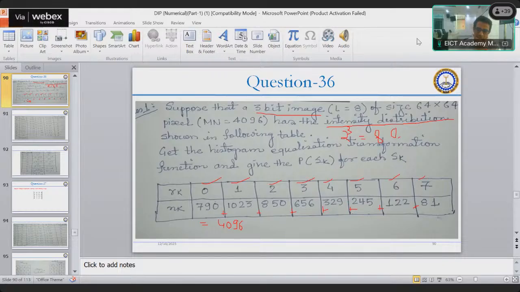That's why I want those people who have not answered to come up, to have a clear majority on either side. In question number 36, the data is given where r is the gray levels and n is the number of pixels at those gray levels in an image of size 64 by 64. Can we apply histogram stretching on that data?